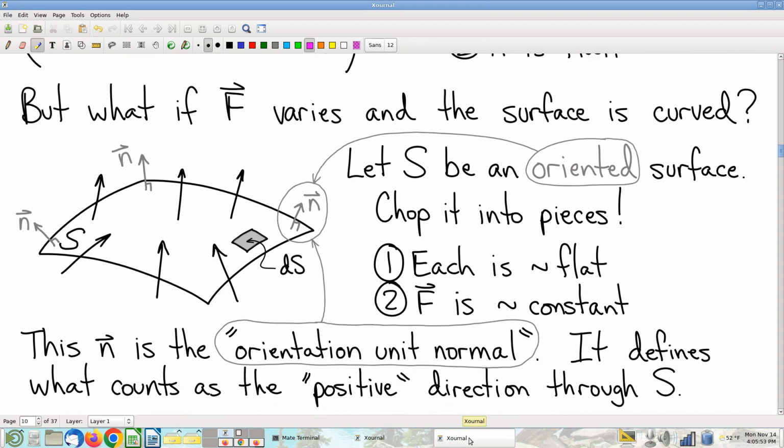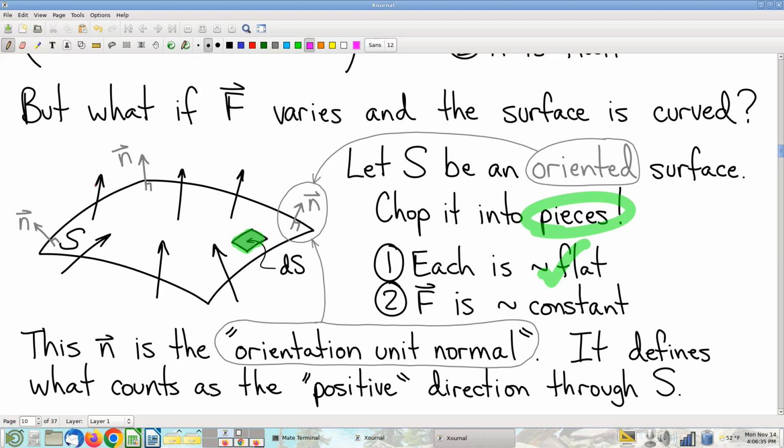Anyway, it remains that we are again going to chop it up into little pieces, and the idea is that if you have your surface here that's curved, can't talk about flux yet through that curved surface. Yeah, but if I chop it up into a bunch of little itty bitty pieces like this, on that little bitty piece, that's approximately flat. And in the limit, as these pieces get smaller and smaller, you might believe that they approach flat. And likewise, the vector field, now again, the vector field varies.